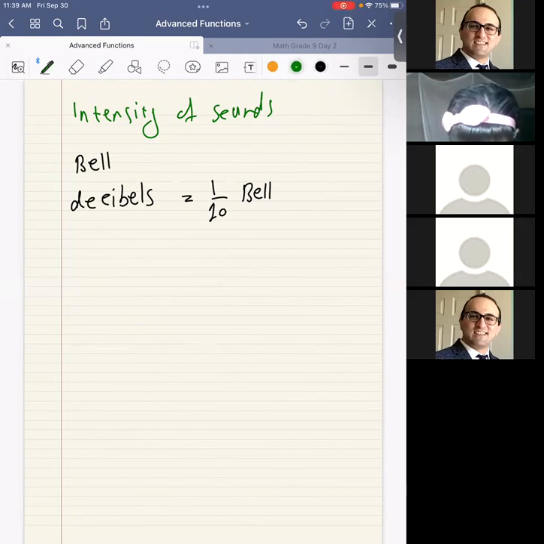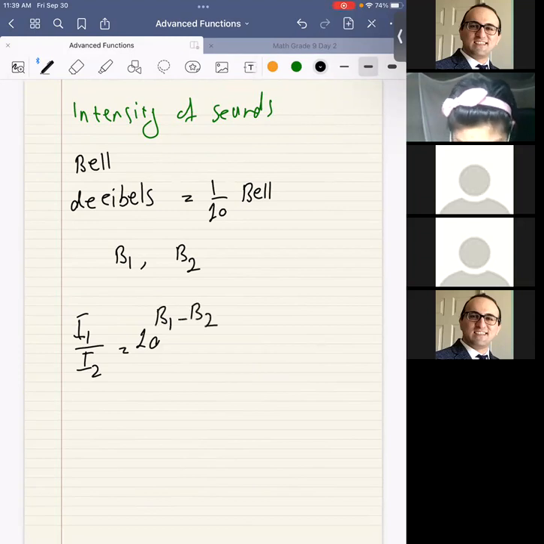And the equation is similar. If you have two quantities like B1 and B2, then I1 over I2 is equal to 10 to the power B1 minus B2.